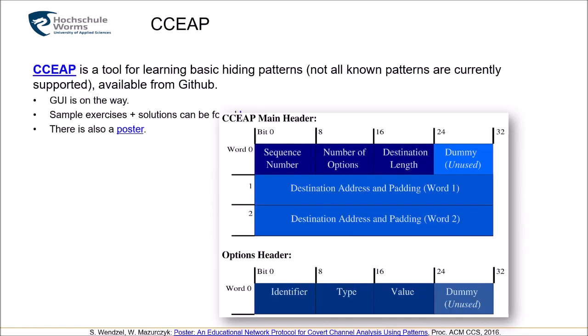There's also a tool available, the CCEAP, Covert Channel Educational Analysis Protocol, that can be used to learn the basics of hiding patterns, however, using the old terminology and the old taxonomy. However, there are exercises plus solutions available.